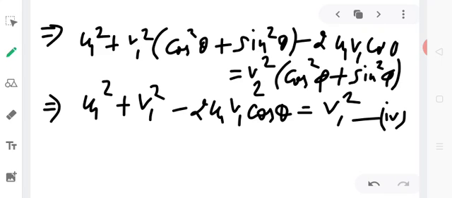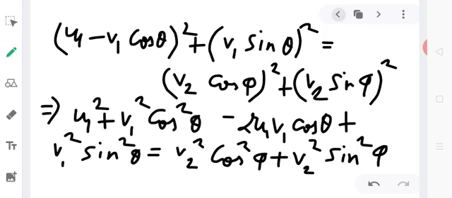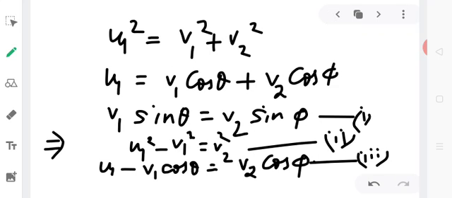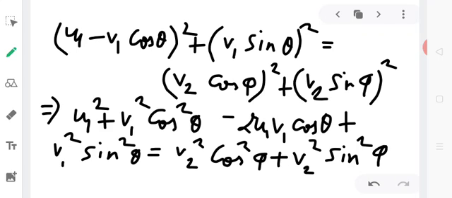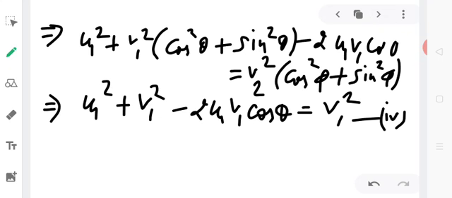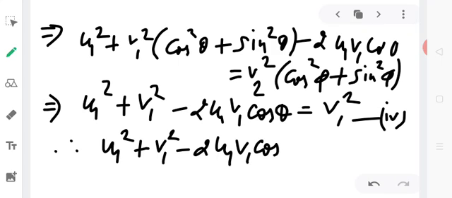Now going back to equation number 1, we had u1 square minus v1 square equal to v2 square. So now we can write down u1 square plus v1 square minus 2 u1 v1 cos of theta equal to u1 square minus v1 square.